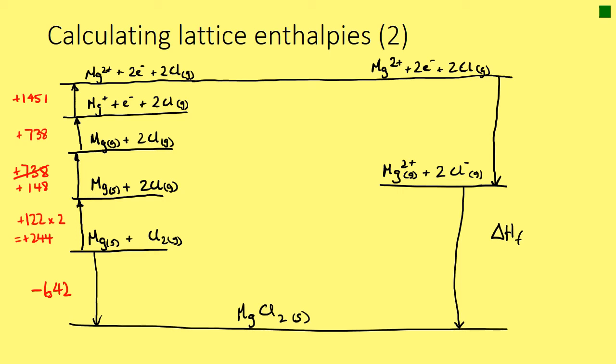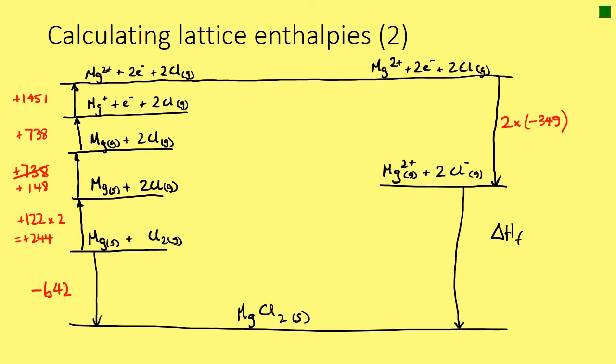But of course they're 2 moles, so we multiply it by 2. The first electron affinity of chlorine is 349 kilojoules per mole. And now we've been all the way around our cycle.